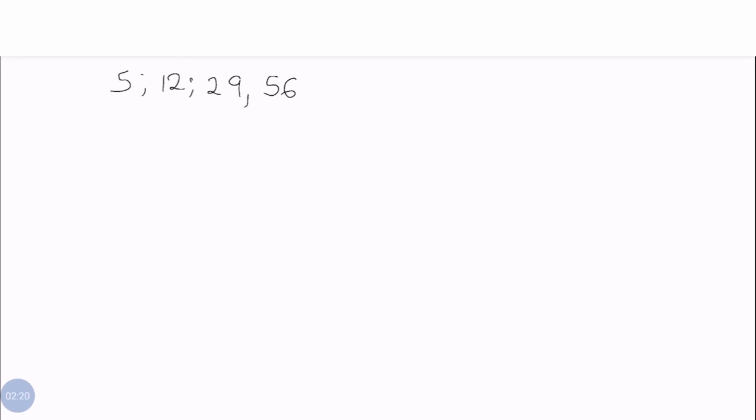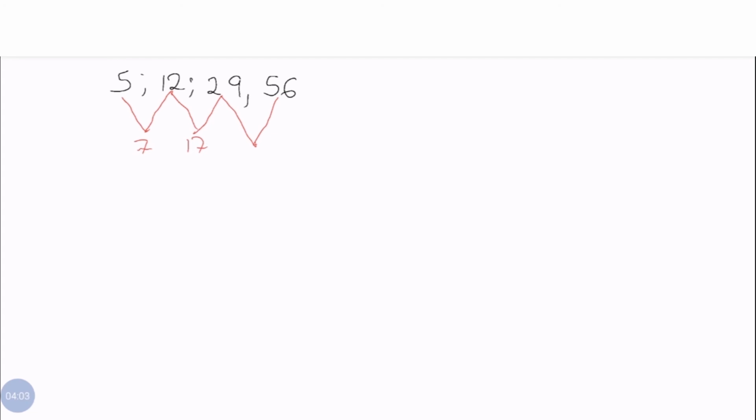So here we are told this is a quadratic pattern, and we have to subtract that from that, that from that, and that from that. See what we get, and then again we subtract to get a common difference. So what is 12 minus 5? That is 7. 29 minus 12, that is 17.